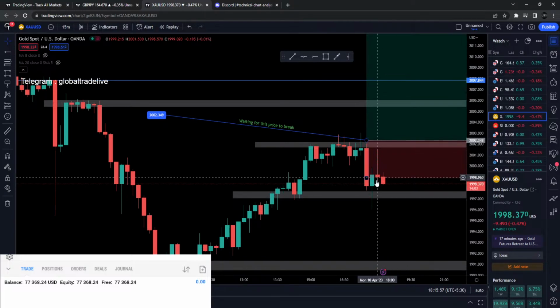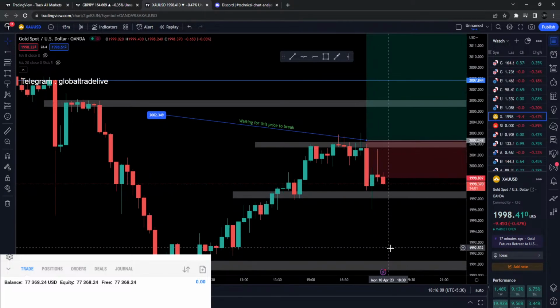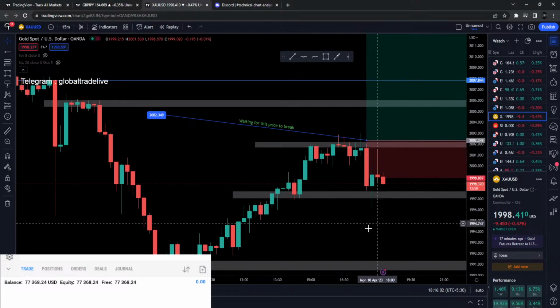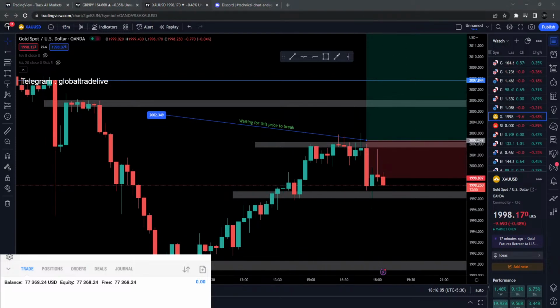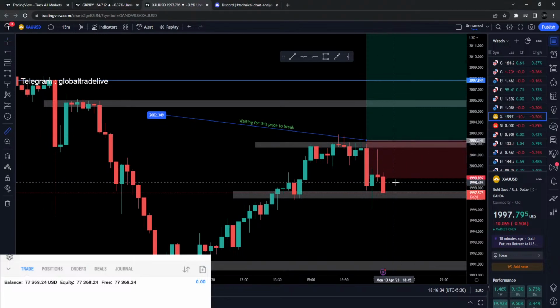By looking at this market structure, it looks like gold will be moving down over here, and let's see how this will go. So gold is pushing down.